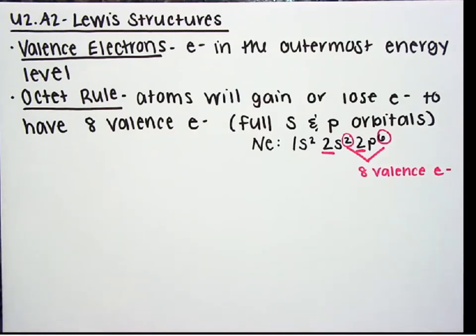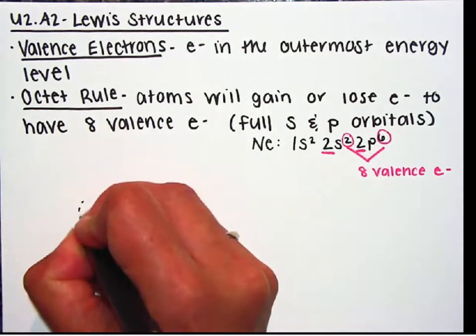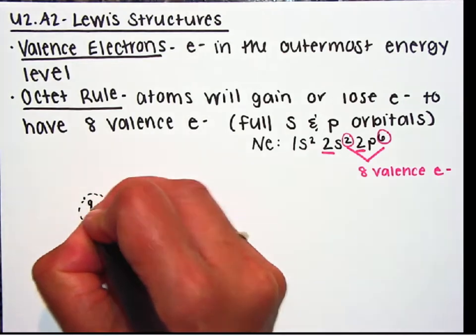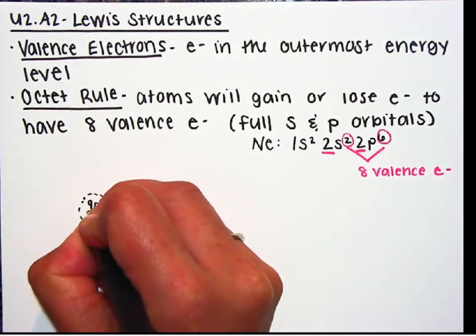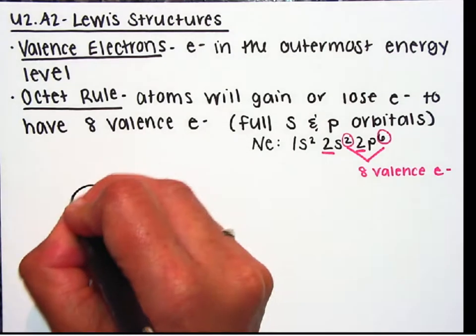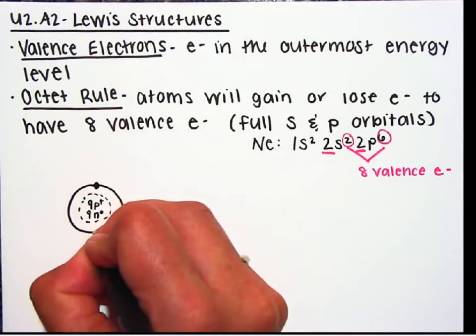So the reason that an atom ionizes is so it will have 8 valence electrons. All atoms want to follow the octet rule. So let's say we had fluorine. Let's say fluorine has 9 protons, 9 neutrons. So as an atom, fluorine also has 9 electrons.